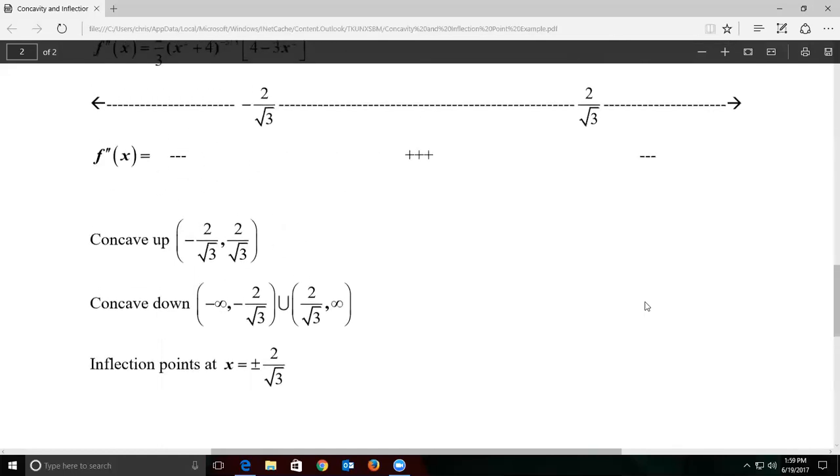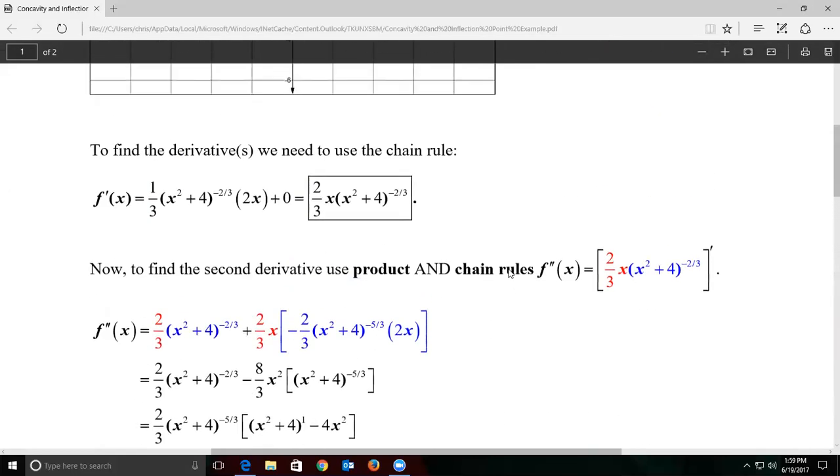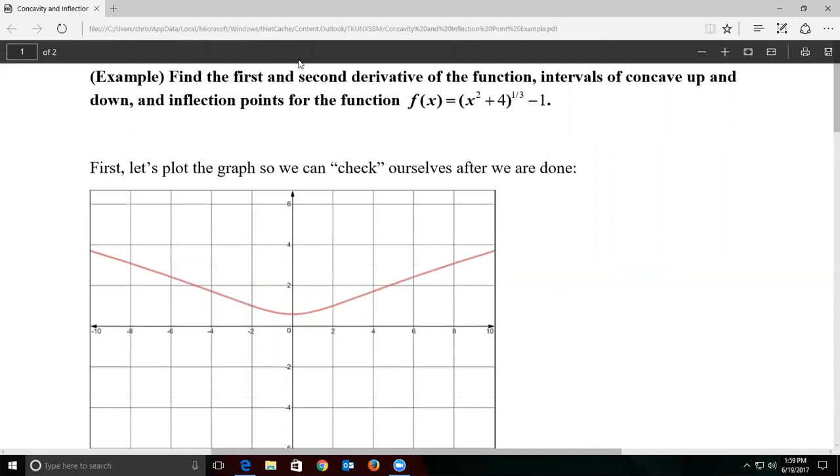And we can see exactly where this is increasing and decreasing. So again, this is going to be concave down until we hit the x value of negative 2 over root 3.